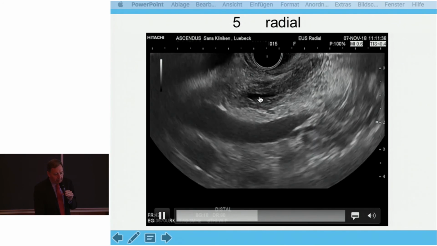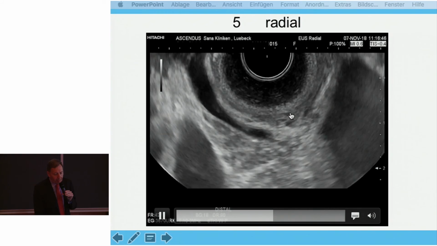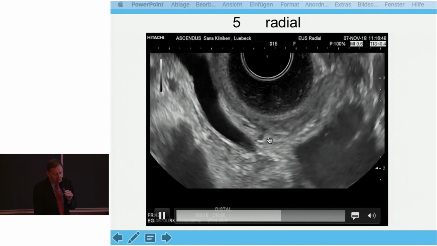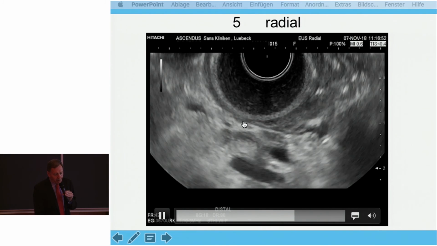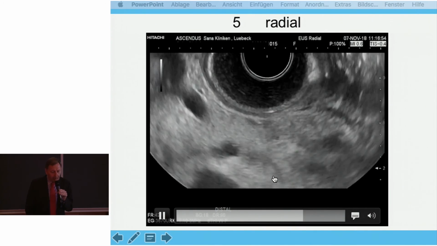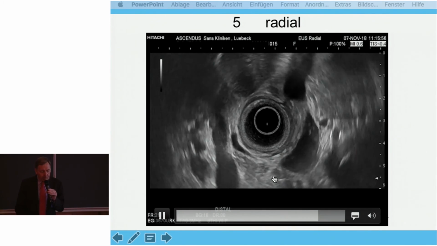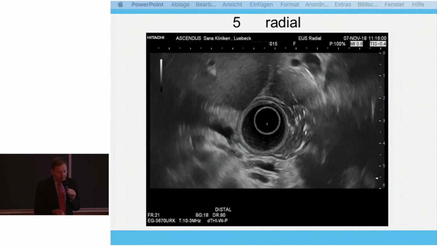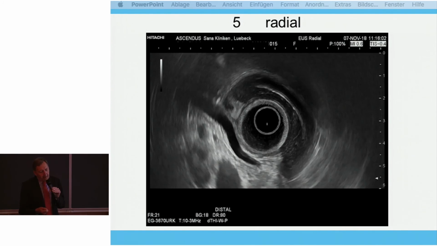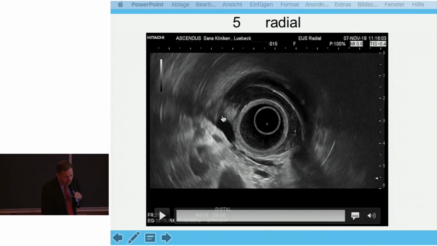This is very typical, and if you look for example at pancreas divisum, you will never see the pancreatic duct going in the dorsal part. So this is a complete common bile duct in radial scanning. I think it's easier to see the common bile duct for the beginner with the radial instrument, because you see the whole length of the common bile duct together with the cystic duct.